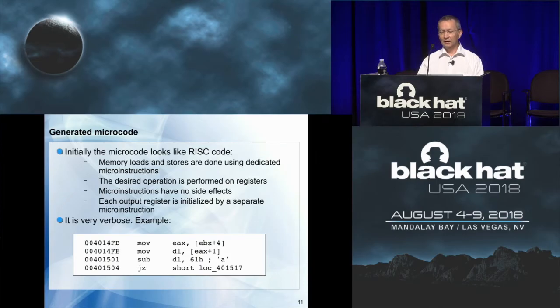Then we subtract 61, and if it's 0, then we jump somewhere else. Apparently, it is a fancy way of comparing DL against 64 hexadecimal. Let's look at what kind of microcode will be generated for that.